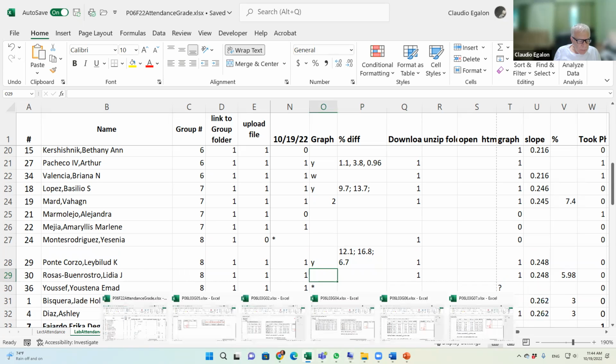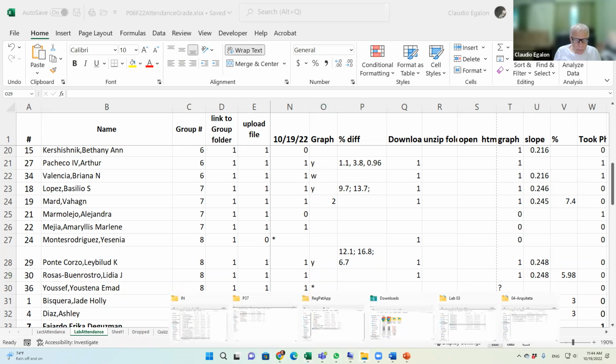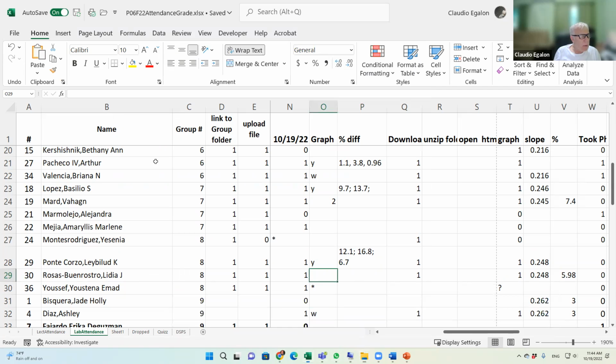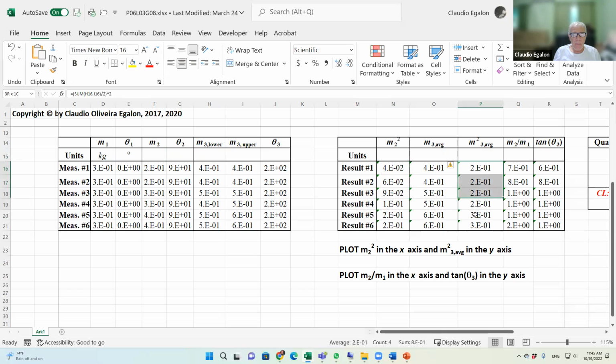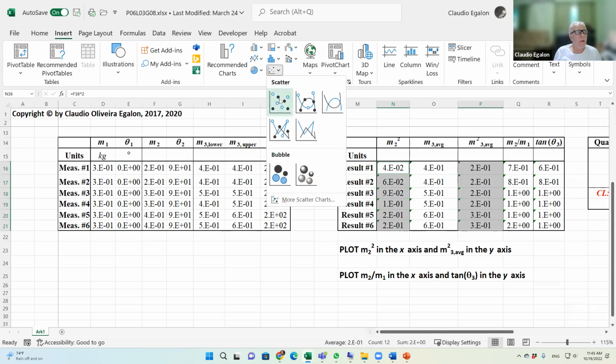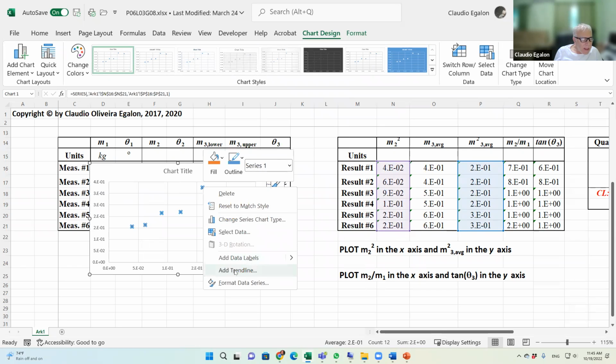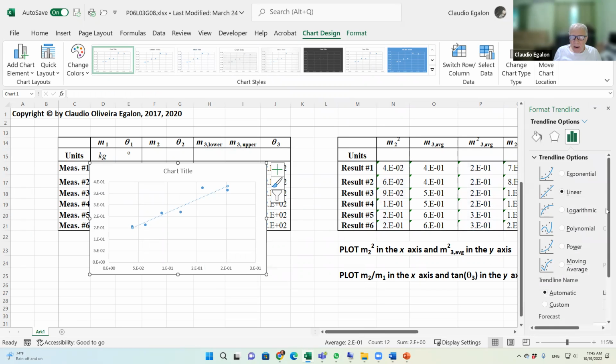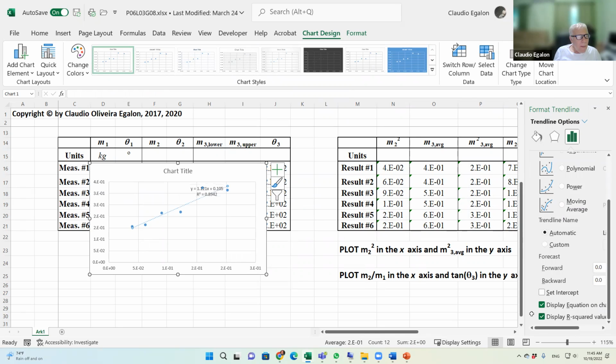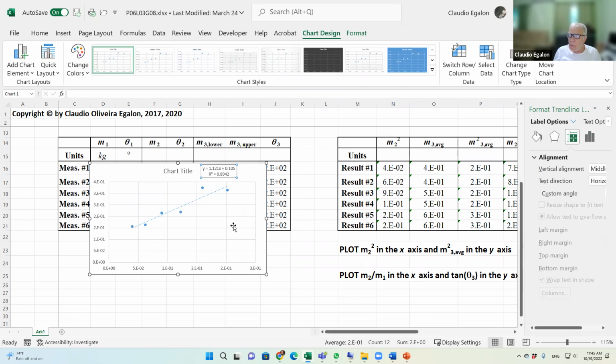Okay, it looks like those are low enough. Let me just make sure there's nothing wrong with this data. Group number 8, right? So here we go. This one, insert. Wow, it's all over the place, huh? Yeah, it's all over the place, but you said 12.1, right? Yeah, that all looks like 12.1.